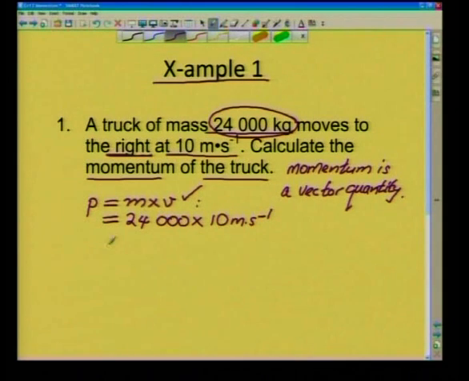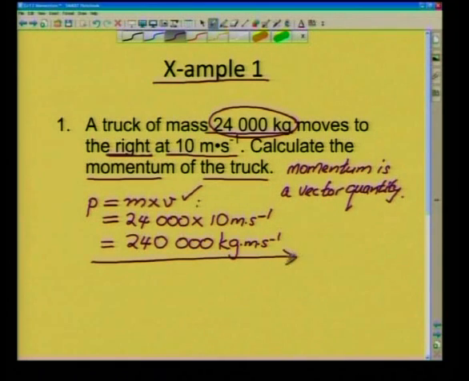Okay? So what do I have at the end? 24,000 times 10 is going to be 240,000. And what is the unit this time? Unit of measurement for momentum, kilogram meters per second. So that is the momentum of the truck.